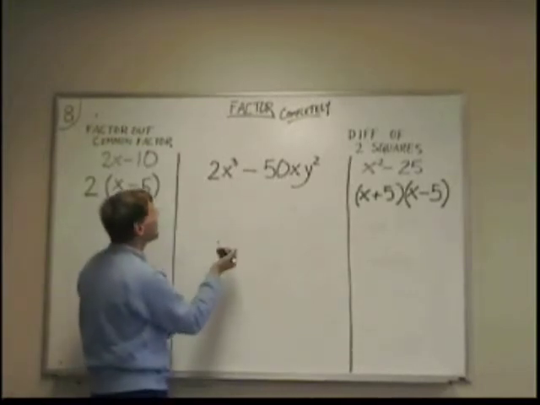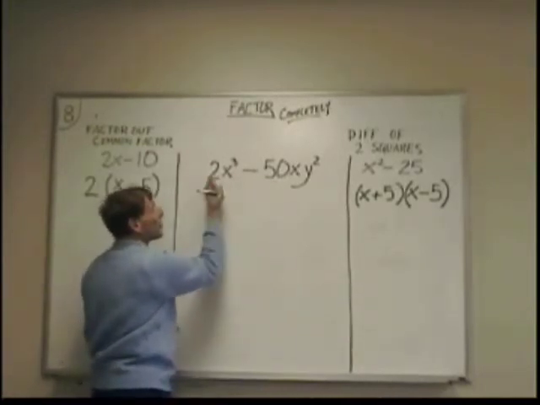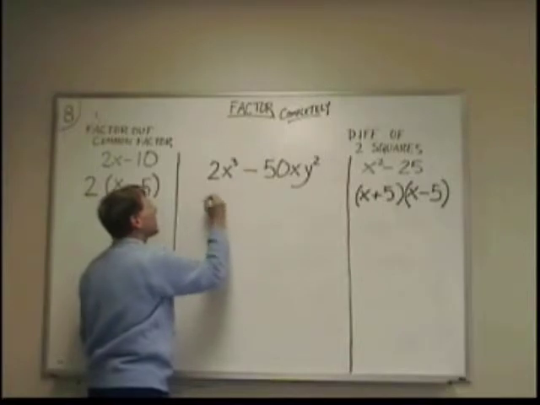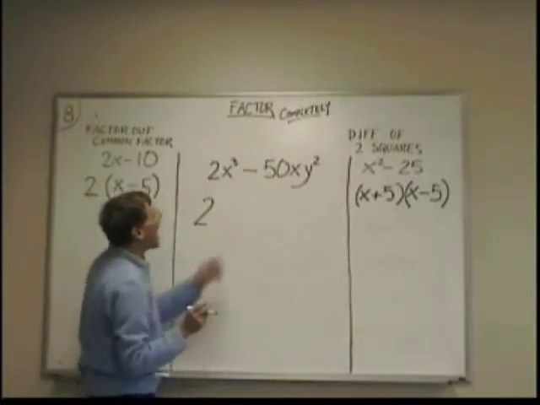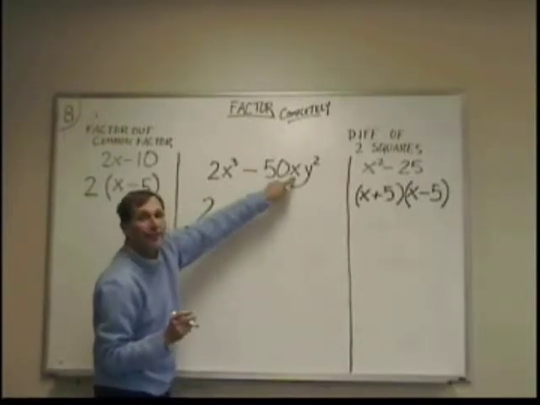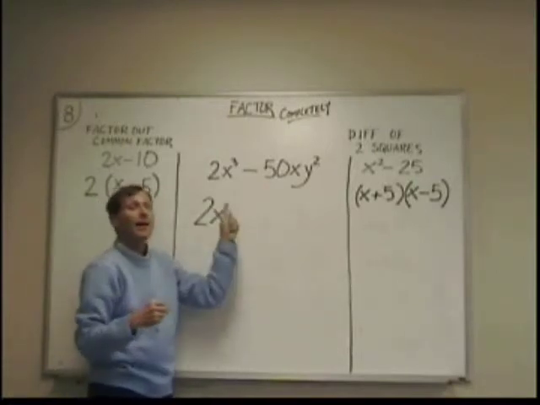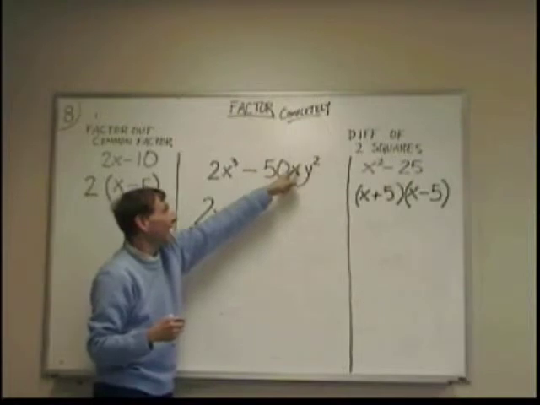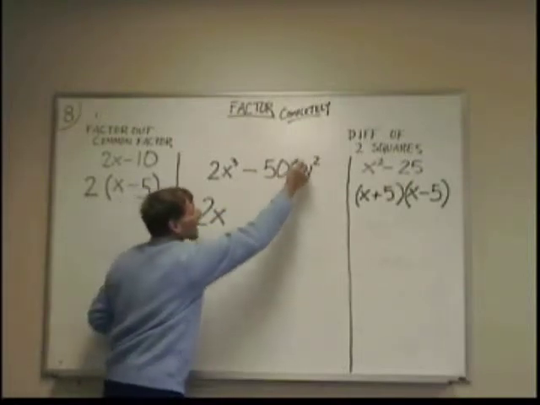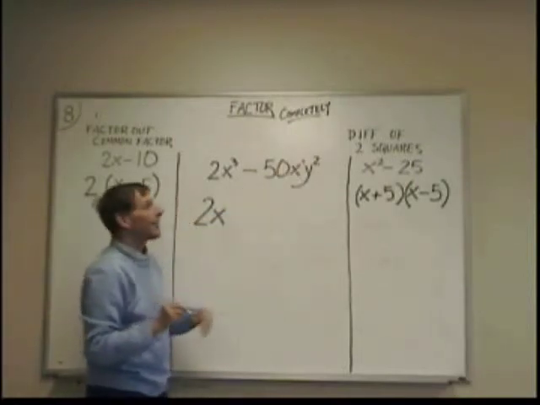And yes, there is. 2 goes into 2 and 50. Looking at my numbers first, I pull that out, and I have an x on both sides. So I pull out an x. I pull out the lowest exponent of x, which is just the x by itself, which is x to the 1, actually. That comes out.